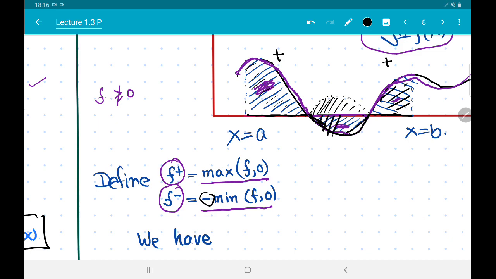However, you can see that for the rectangles that we come up with, small m_i of f will always be less than or equal to 0. So in particular this area will contribute something negative to the integral.